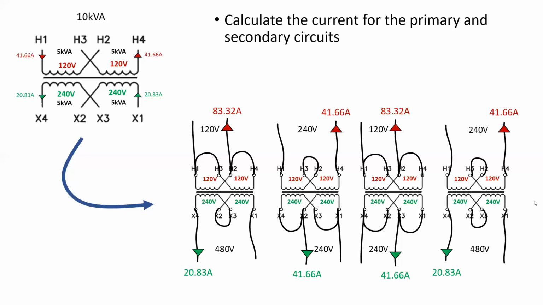So you can see it's a pretty easy application to calculate these values of current based on a multi-winding transformer if I know already what the individual winding currents are, right? And then we can work out what amount of load and what amount of primary current I would expect.